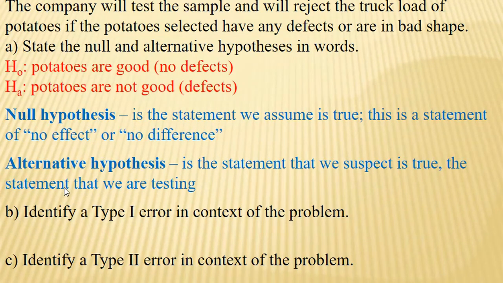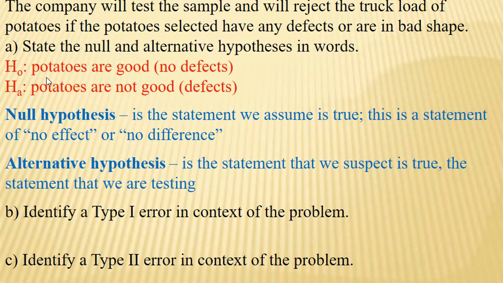The alternative hypothesis is always the one you're trying to test. Like you're trying to test if the proportion has increased, or if it has decreased. Or in this case, you're trying to test to see if the potatoes are bad. So back to letter A. The null hypothesis, we assume that the potatoes in the truck are good, with no bad potatoes or no defects.